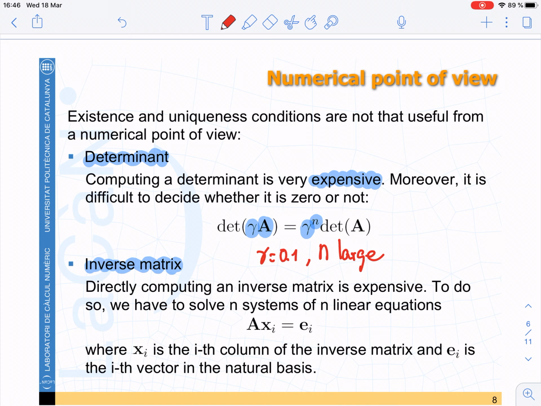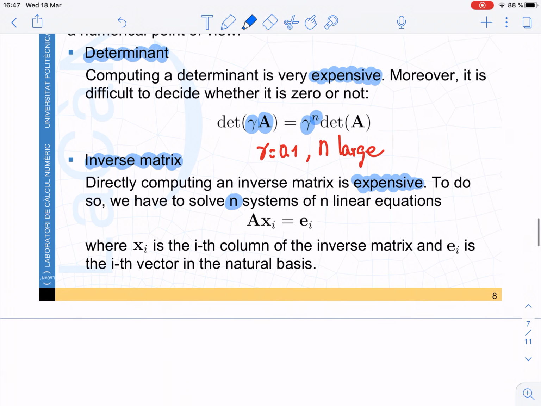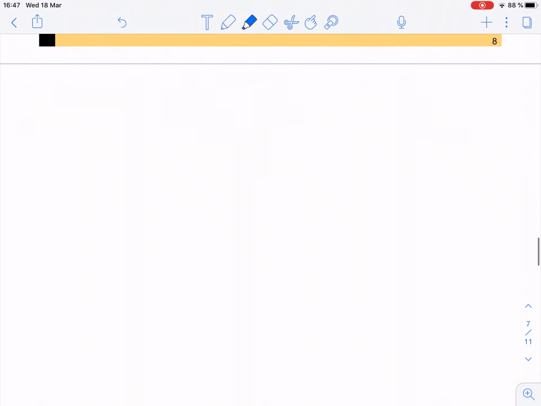Okay. Regarding the computation of the inverse matrix, again, it may be computationally expensive. Note also that computing an inverse matrix may be understood as solving n systems of linear equations. Let us discuss this idea more closely in this blank page.